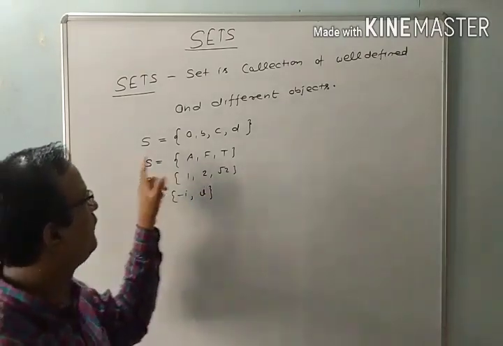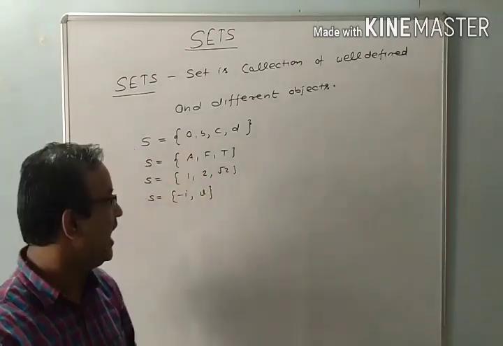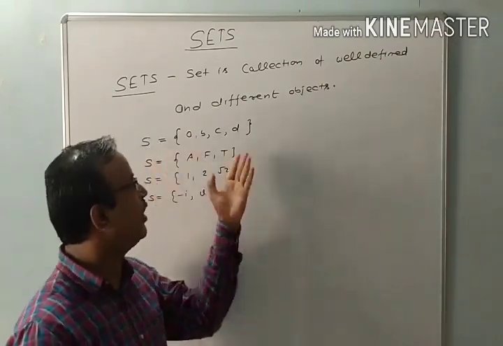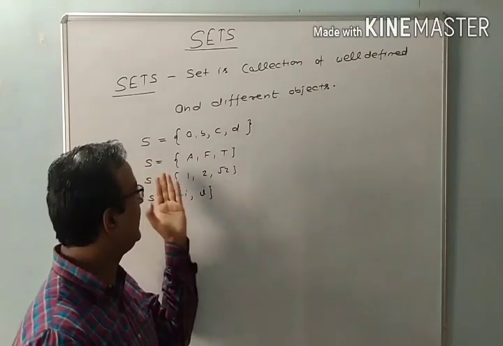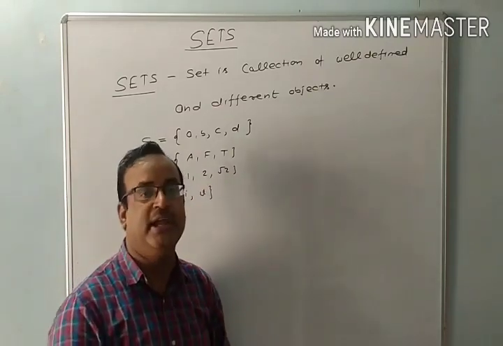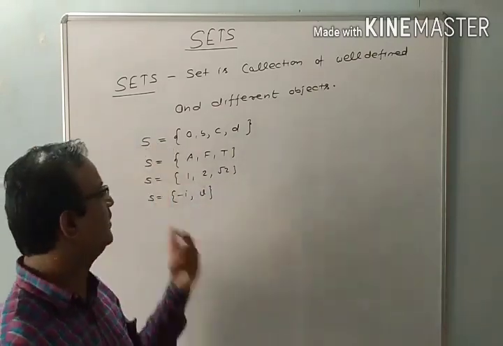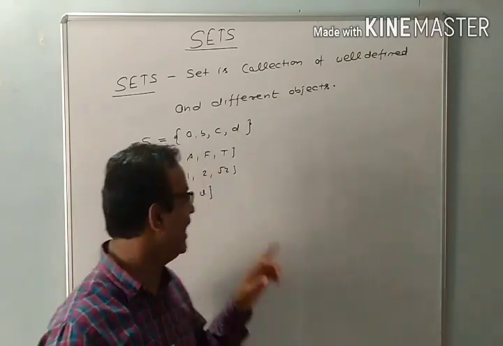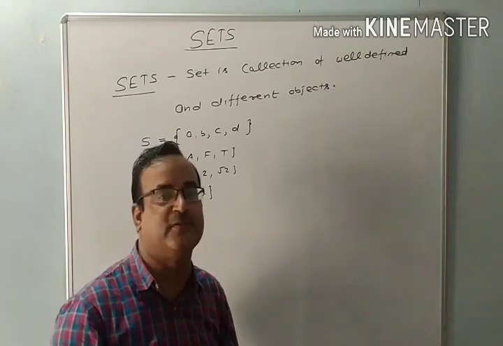The elements of the set are also known as entries. I think you know imaginary numbers. i is called iota and the value of i is √-1.